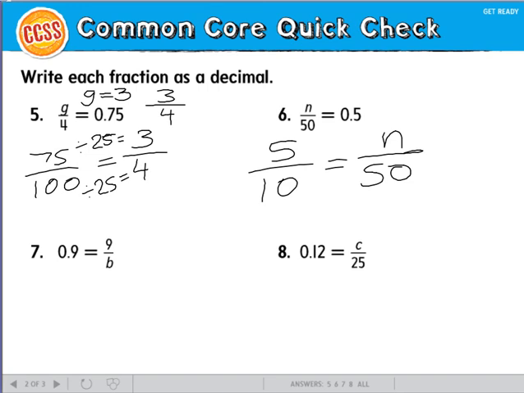How do I get from 10 to 50? I'm going to multiply it by what? 5. So if I multiply the top by 5, 5 times 5 equals n. What's 5 times 5? So n equals 25.